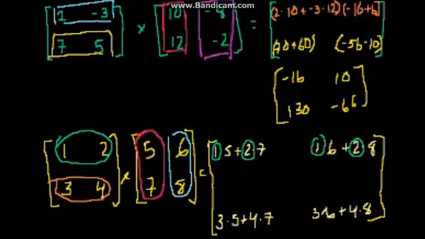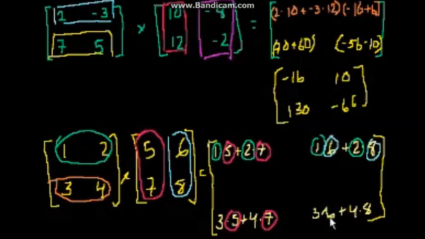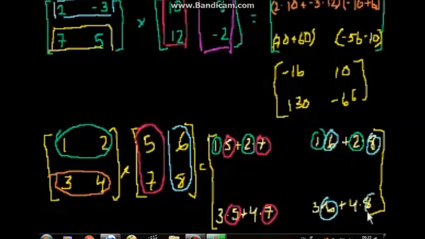And this 5 and this 7, that's this 5 and this 7 used here. Interesting. This was in column 1 in the second matrix, and this is in column 1 in the product matrix. Similarly, the 6 and the 8 are used here. And then finally we have this 3 and the 4 in the brown, used here.